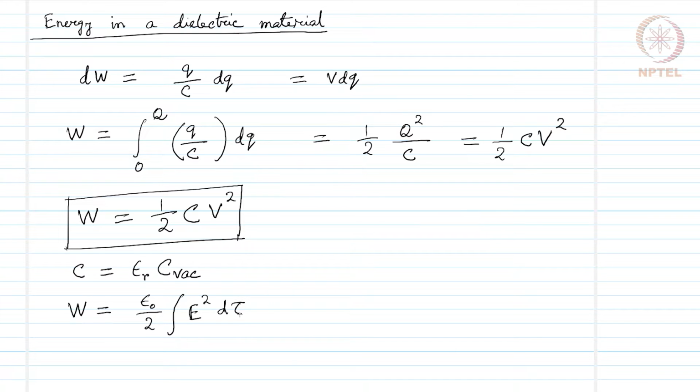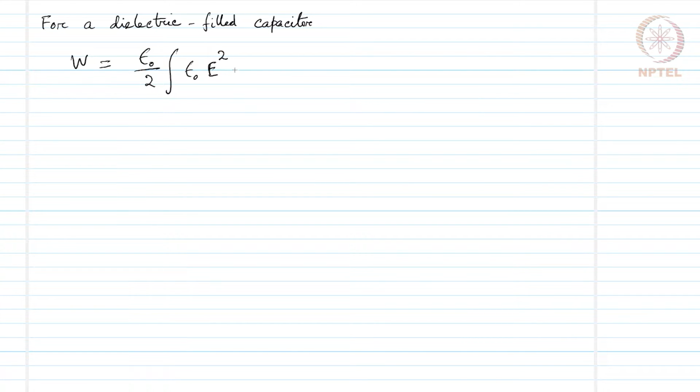Now, if we have a dielectric filled capacitor, for that we have derived the expression that W can be written as half CV squared, and in the form of its electric field we can write it as epsilon naught over 2 integration over epsilon r E squared d tau, and that equals half integral over the displacement vector D dot E d tau.